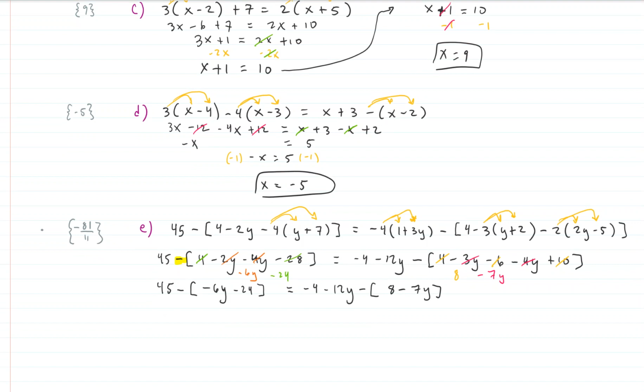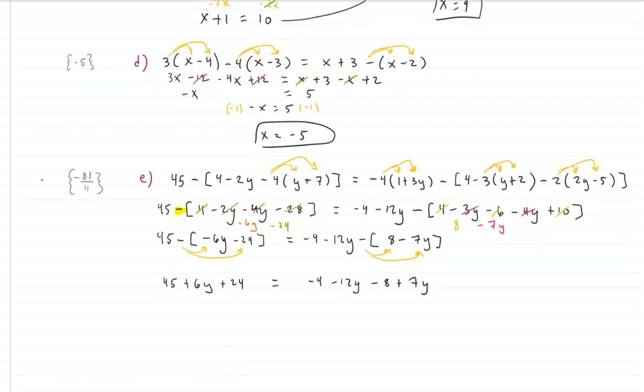We need to multiply that negative on the left through and on the right. See what we get. 45. We have a positive 6y and a positive 24. And on the right, we have negative 4, negative 12y, minus 8, and then a positive 7y.